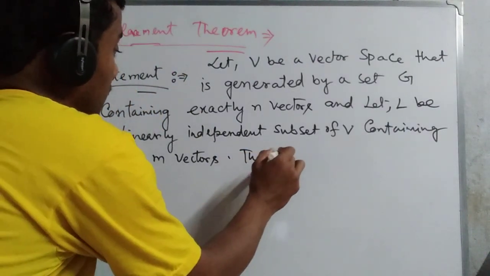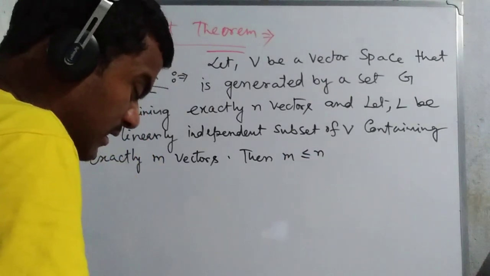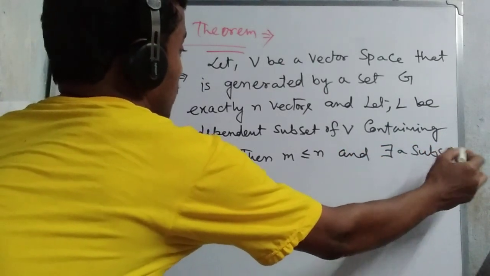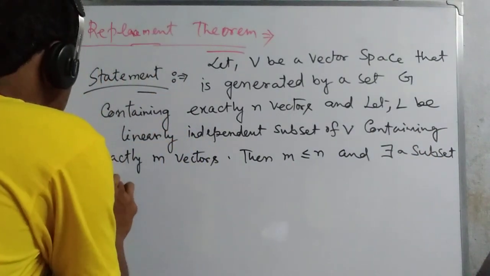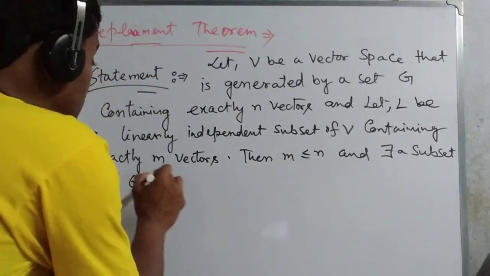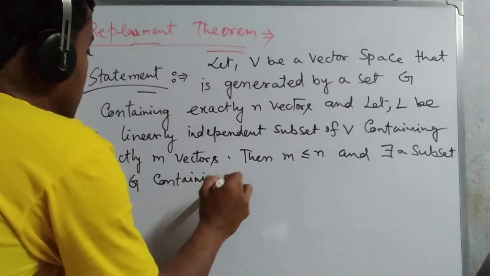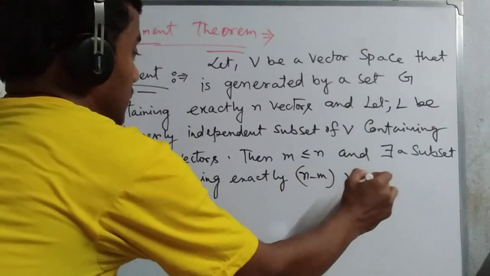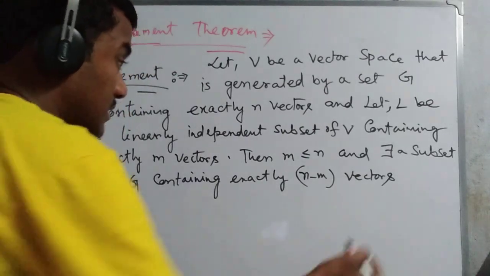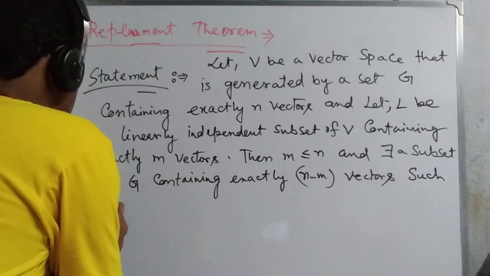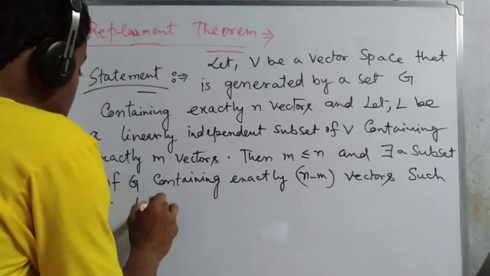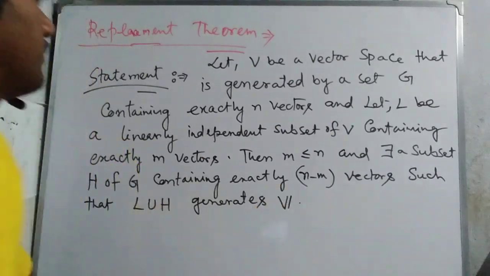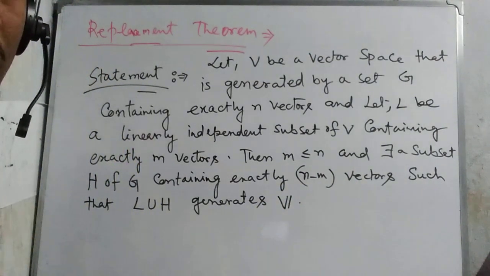Then m is less than or equal to n, and there exists a subset H of G containing exactly n minus m vectors such that L union H generates V. Understood this one?